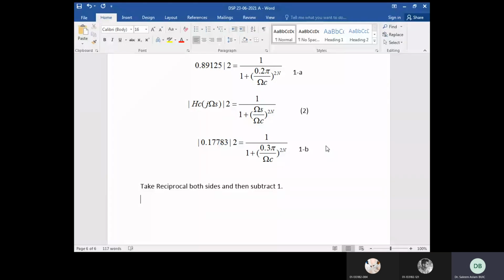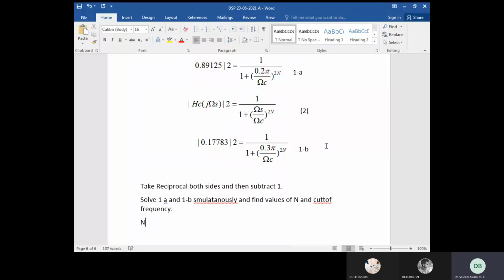So let me write: solve 1a and 1b. Simplify and find values. Let me give you the answer.